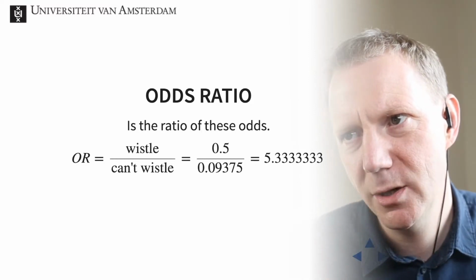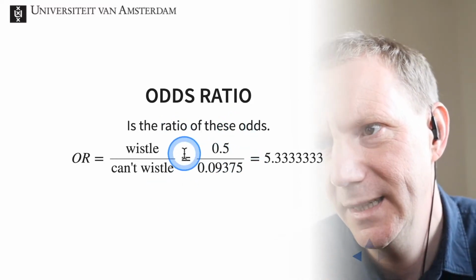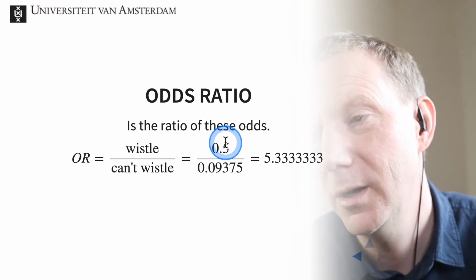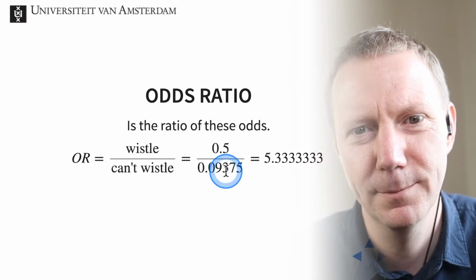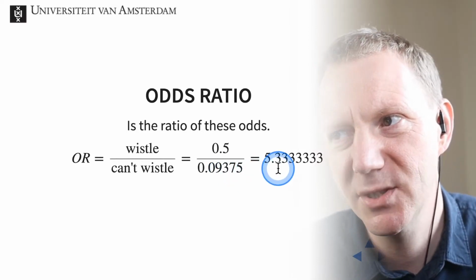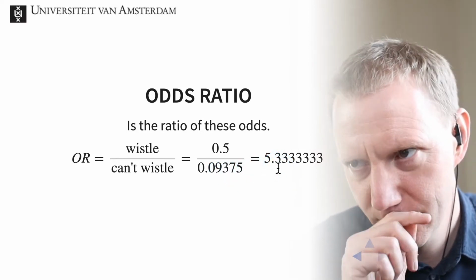So the odds ratio that he's calculating is the ratio of whistlers to non-whistlers, and that is what's given in these odds.